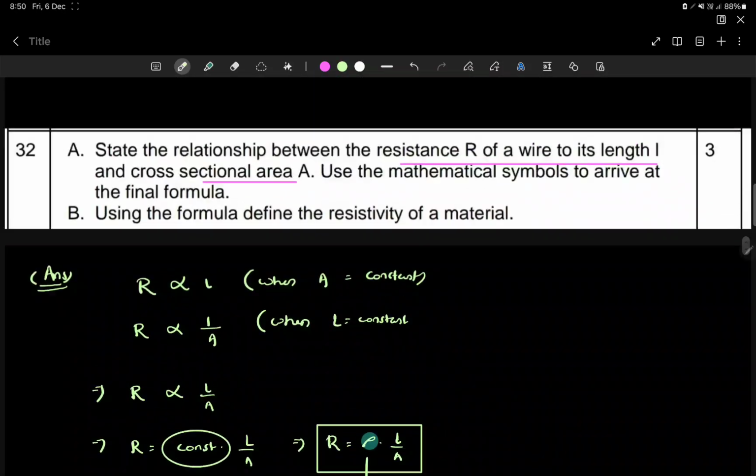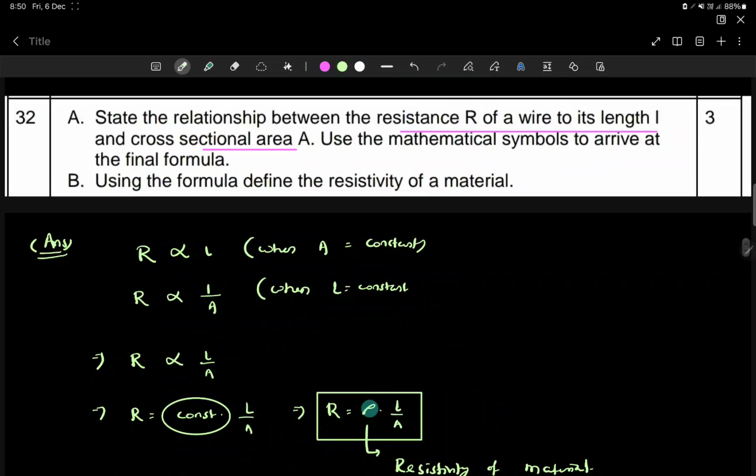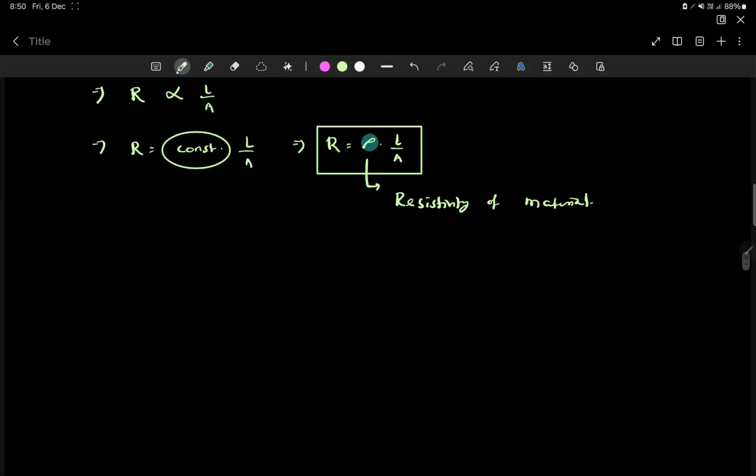It is asking to use the formula to define the resistivity of a material. So how to define the resistivity of a material?